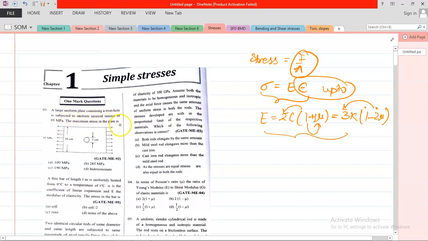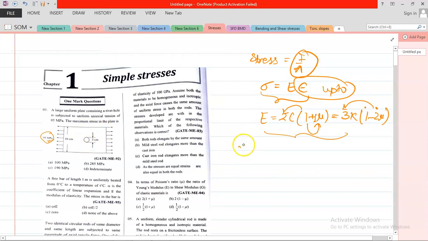What is the maximum stress in the plate? There is a hole in the plate and a tension of 95 megapascal is applied.